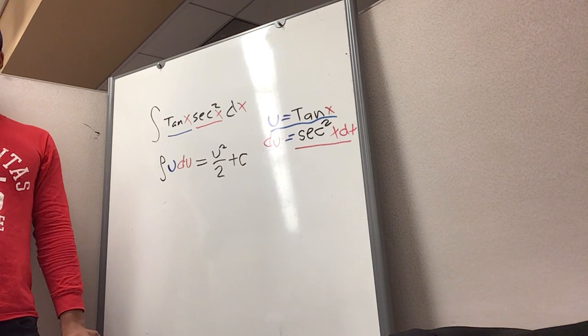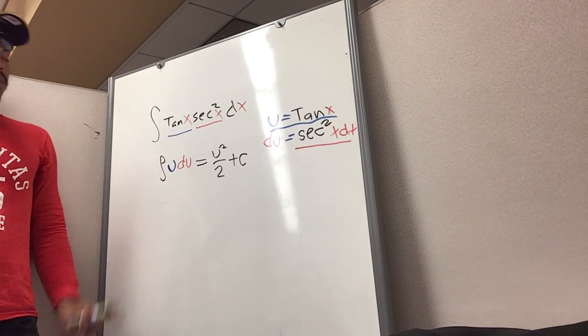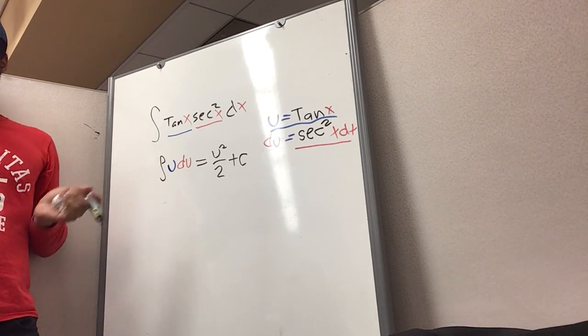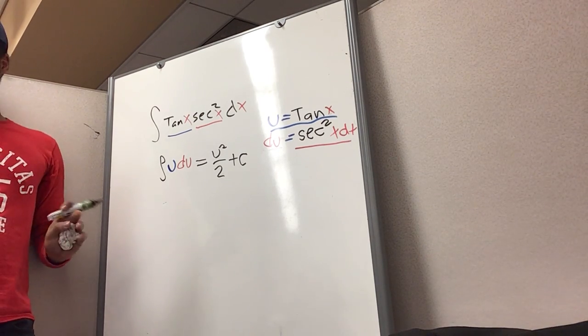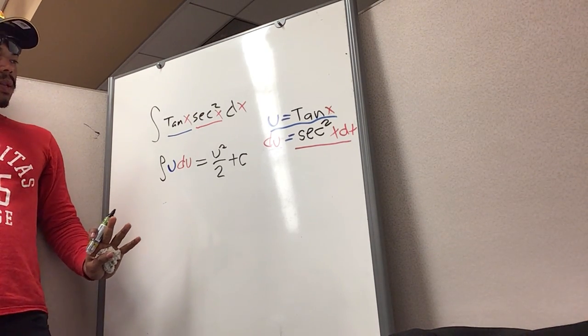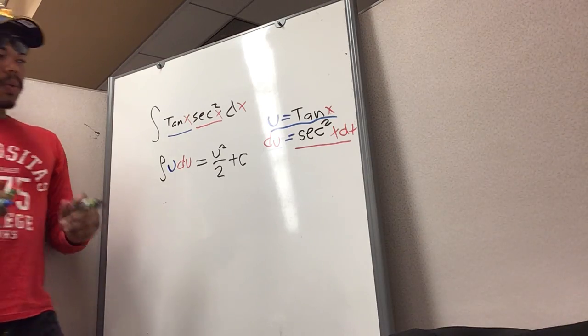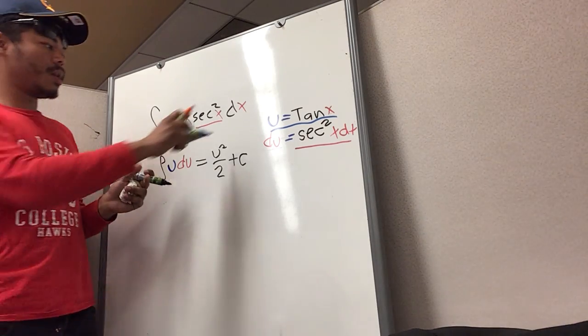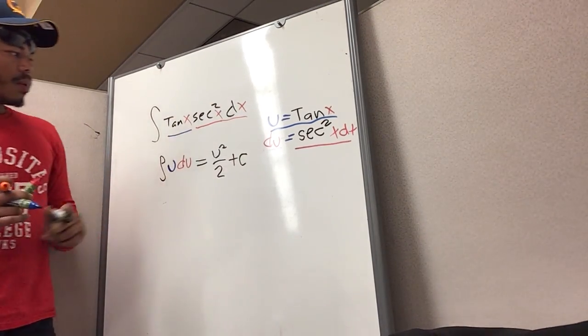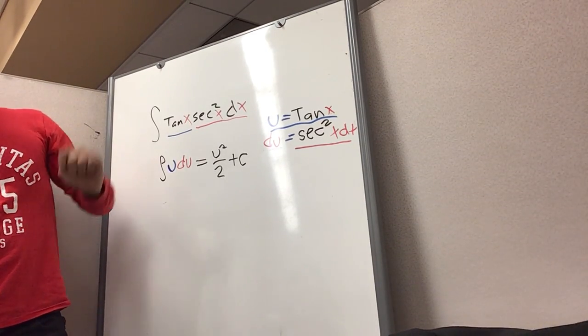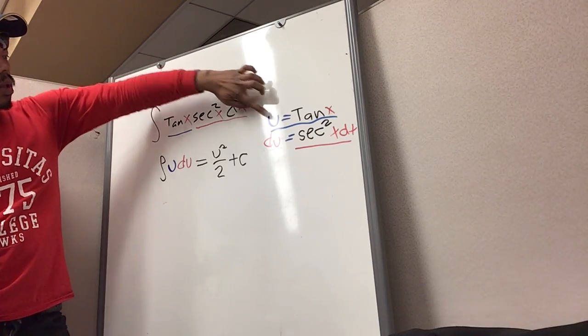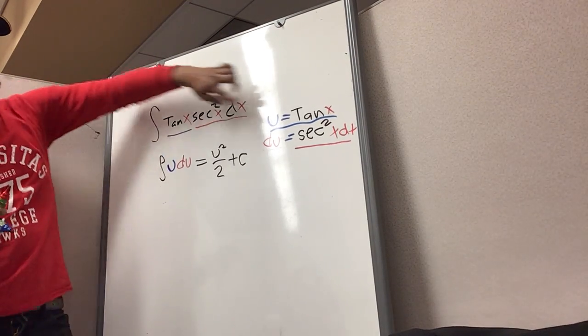Wait, u squared? That's weird. So the u is tan x. Shouldn't we plug the du back where the u was? So it's secant squared x times secant squared x. No, u is this, because there's an equal sign.